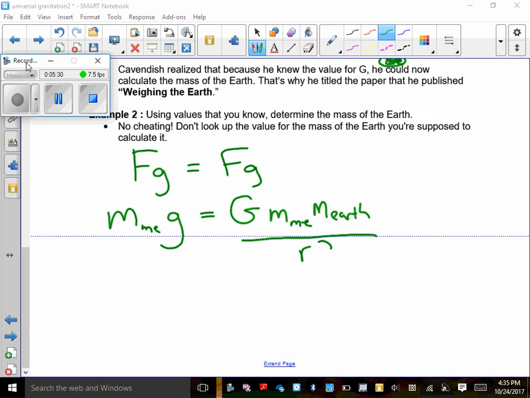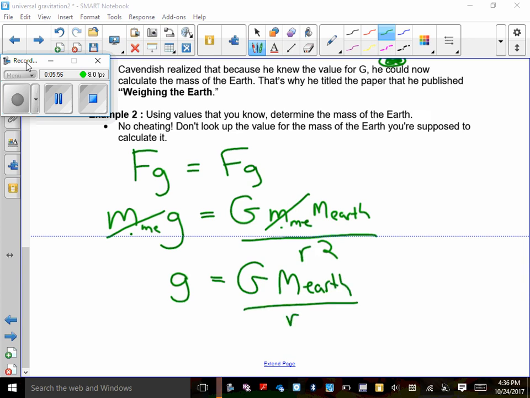over r squared. If something is on both sides of the formula and there's just multiplication, we can simply cancel those out. We divide both sides by my own mass. Now I'm left with little g equals big G, mass of Earth, over r squared.